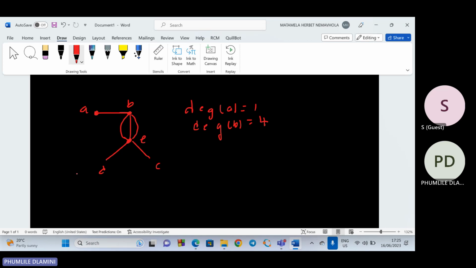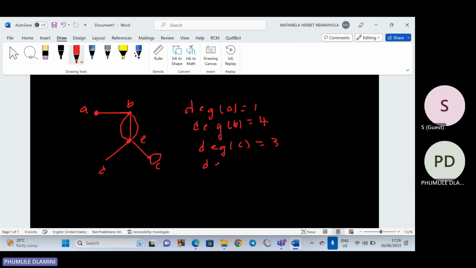And if we go to C, let's put a loop also. The degree of C is going to be 1, 2, 3, so it is 3.